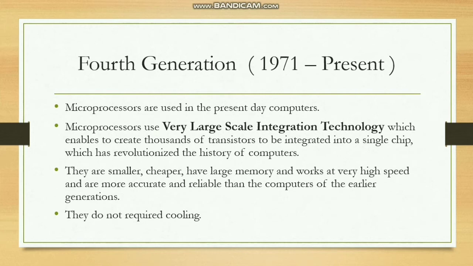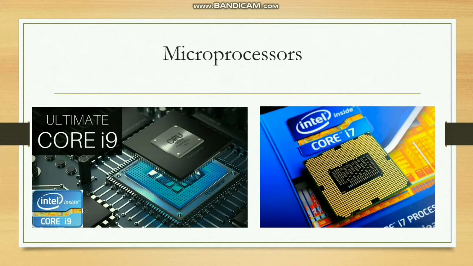They are smaller, cheaper, have very large memory and works at very high speed and are more accurate and reliable than the computers of the earlier generations. They do not require cooling. That means these type of computers could be placed even in day temperatures. We are going to see the microprocessors manufactured by Intel company.